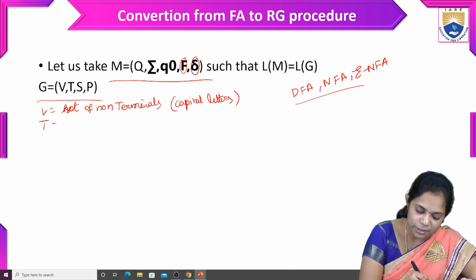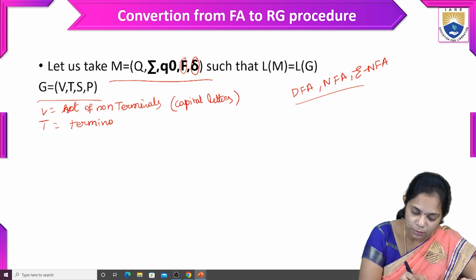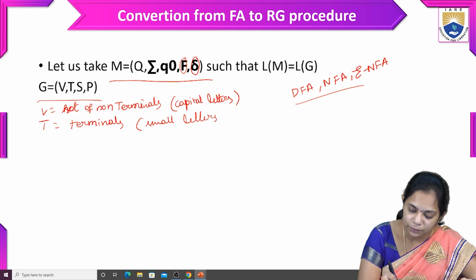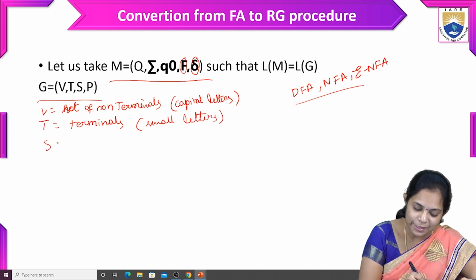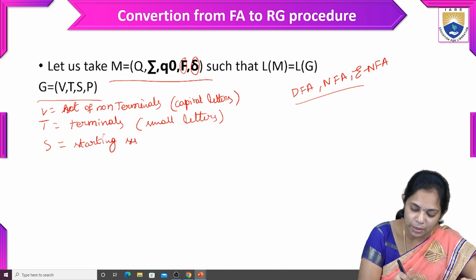And T represents the terminals, those are small letters. And S represents the starting symbol. And P represents the productions.